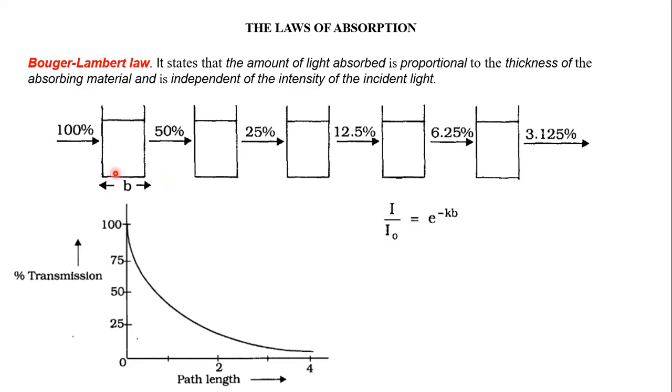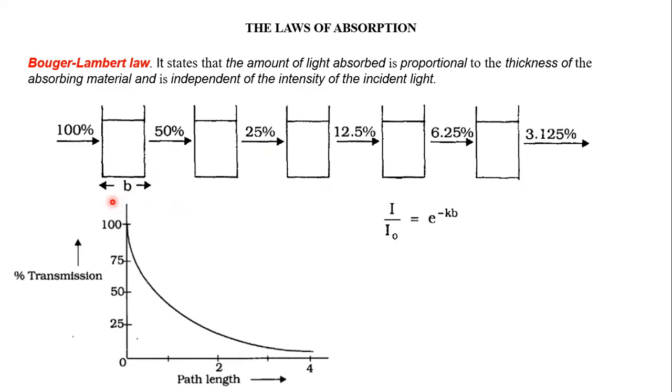Okay, but instead of putting it in terms of absorption, let us understand first in terms of transmittance, because absorption and transmittance are inversely correlated with each other. So coming back to the same analogy of gelatin sheets, the more gelatin sheets placed between the light source and you, the lesser the amount of light that will get transmitted, or the other way around, the more light will be absorbed. So as you increase the number of gelatin sheets, you are actually increasing the thickness of the absorbing material, right?